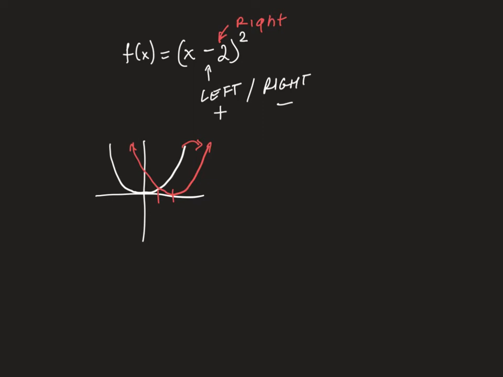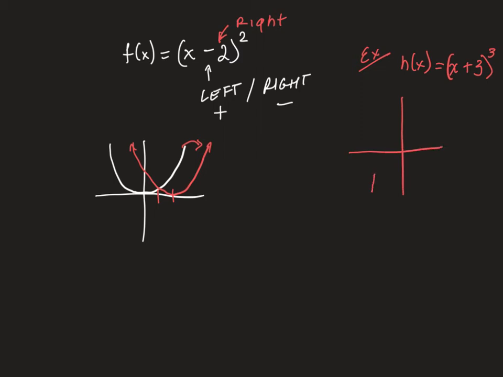Now try this example on your own. Okay, hopefully you had enough time to take a look at this example. And again, let's identify the parent function, which in this case is x cubed.